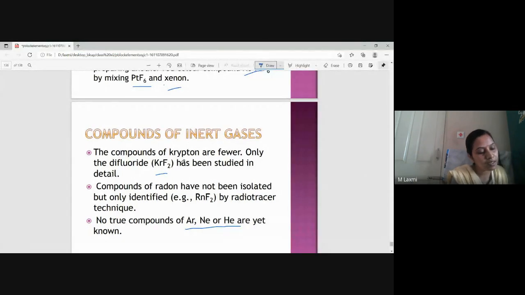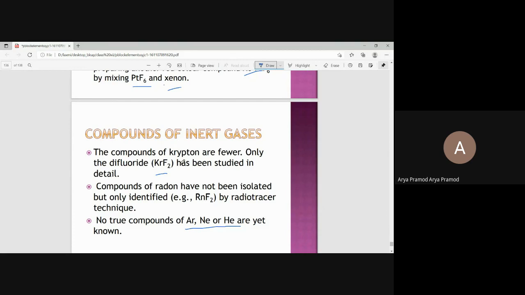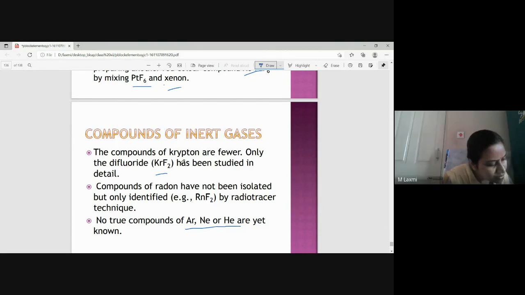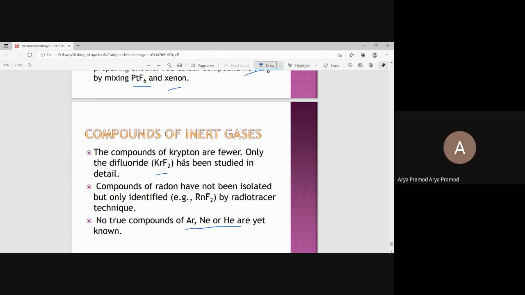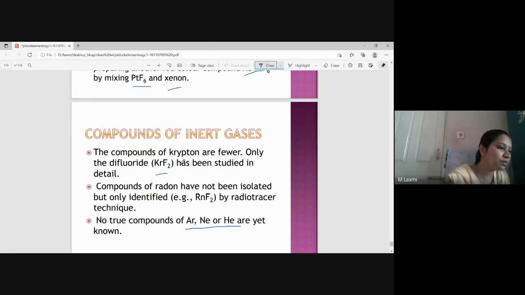I'm also checking. Under chemical property, they have shown few properties. Some reactions are there, ma'am. Okay, can you share that page? Whenever you are free, you share the portion so that I can deal with that separately.